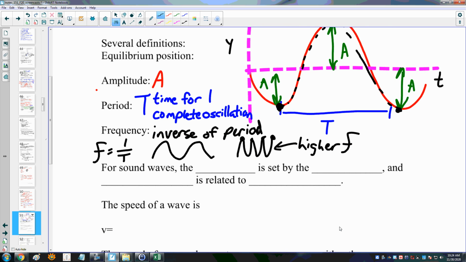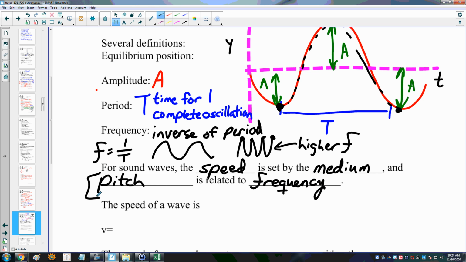For sound waves, the speed of the wave is set by the medium. And the pitch is related to frequency. You're probably familiar with this, that a higher pitched sound has a higher frequency.